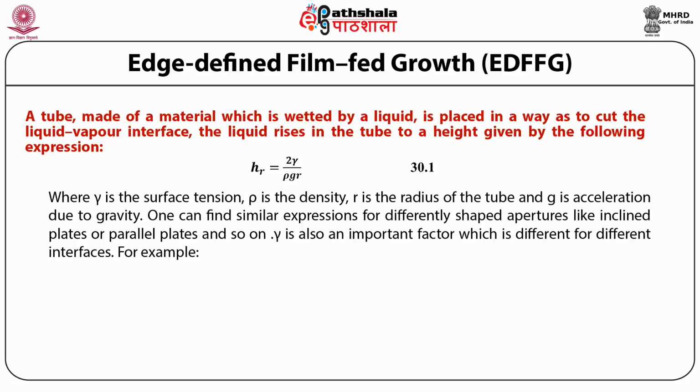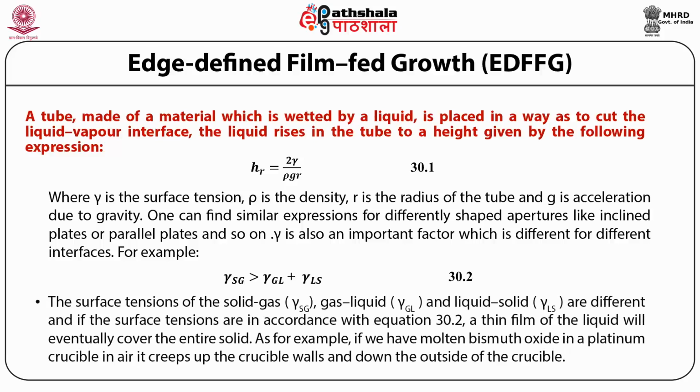One can find similar expressions for differently shaped apertures like inclined plates or parallel plates and so on. Gamma is also an important factor which is different for different interfaces. For example, gamma_SG is greater than gamma_GL plus gamma_LS, as is given by equation 30.2.